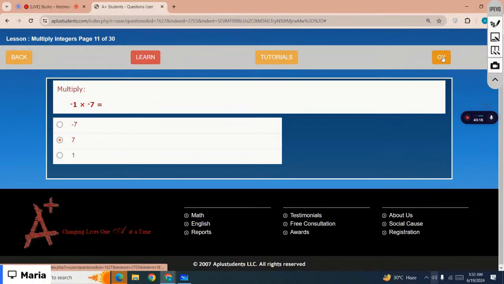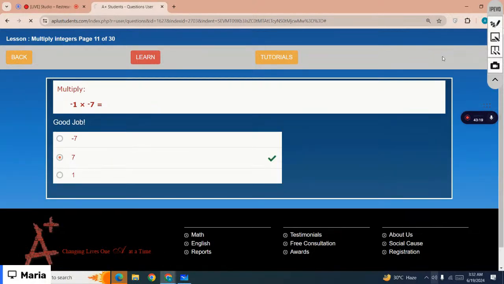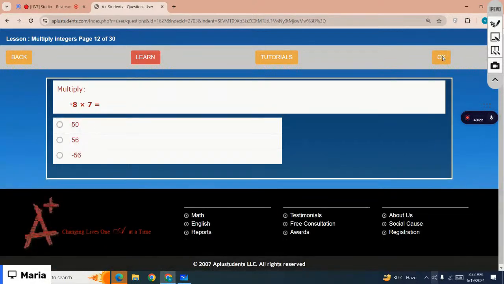The correct option is 7. -8 times 7 is -56. The correct option is -56.